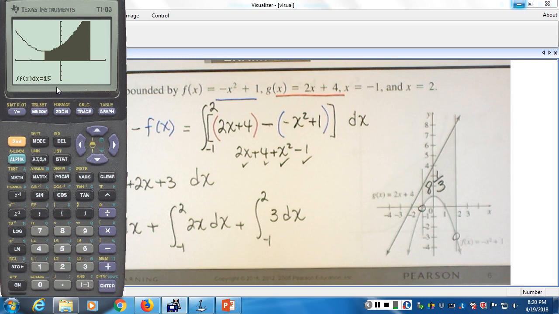And that makes me think I did something wrong. I think I probably did. Because it worked earlier. What did I do wrong? Let's try the numerical integration instead.